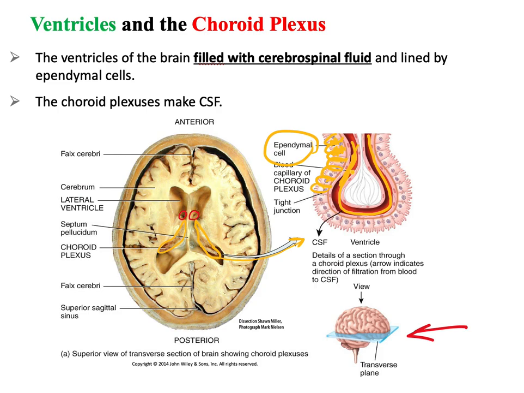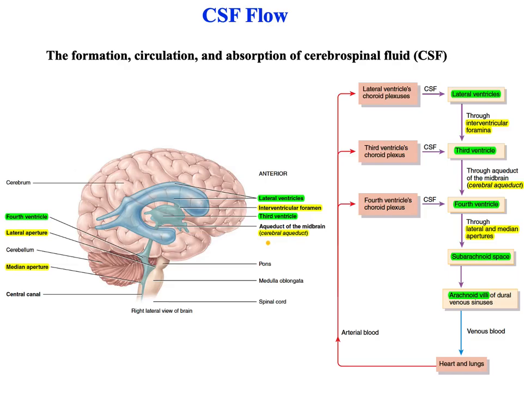It leaks through the ependymal cells and reaches the ventricles here. Then it is circulated from the interventricular foramen to the third ventricle and fourth ventricle and so forth. I'm not going to talk about the CSF flow because there is a lecture about it.